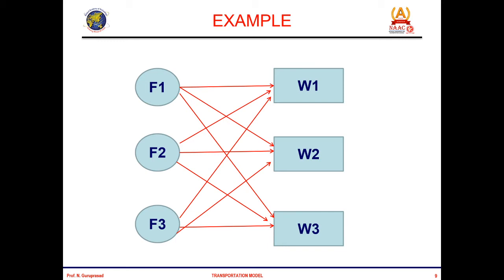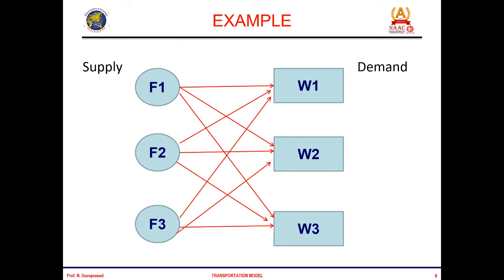In case of the transportation problem, any number of products can be shipped from any factory to any warehouse, right? I repeat, any number of products can be shipped from any factory to any warehouse. Of course, you have to keep in mind the supply and the demand.